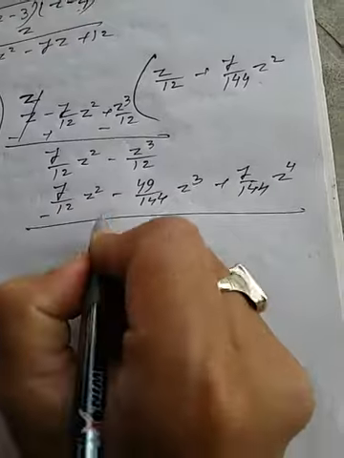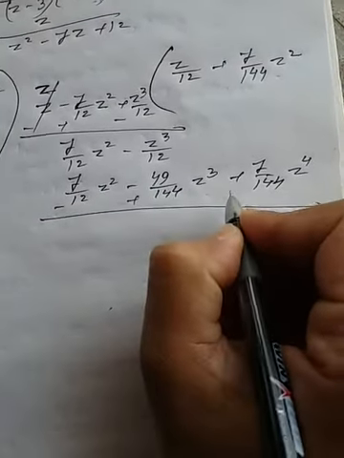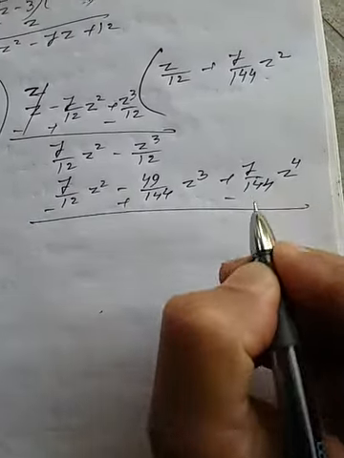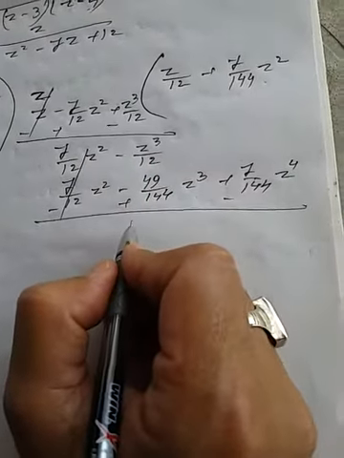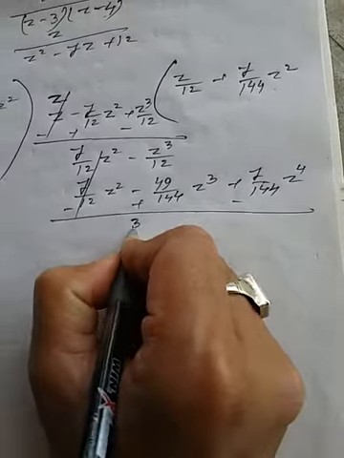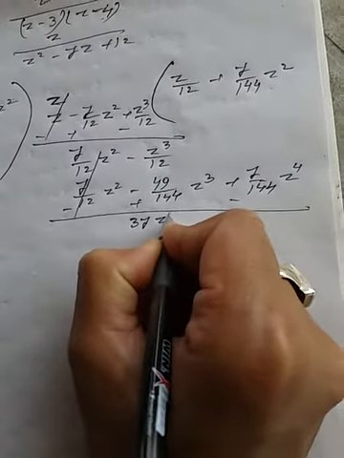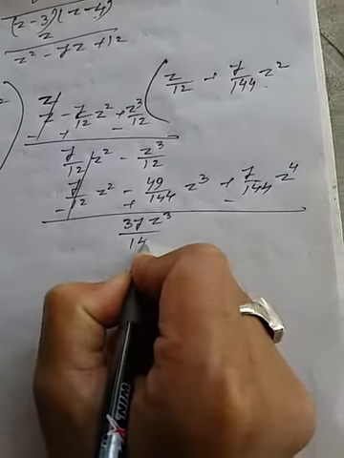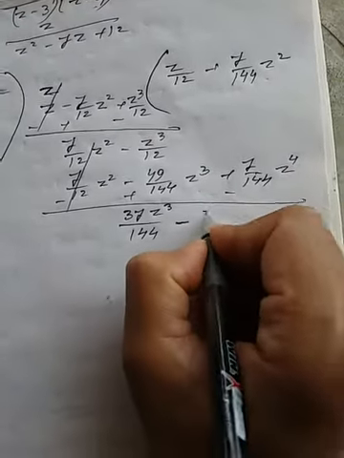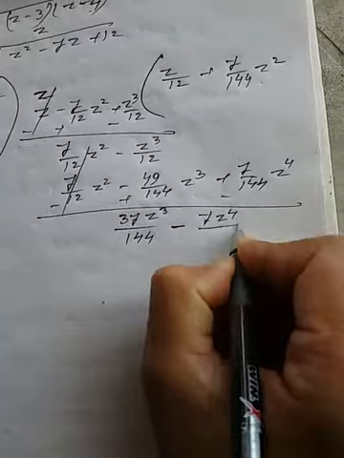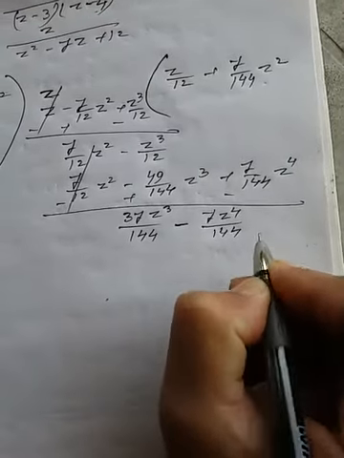So if I subtract this portion from the upper portion, this portion will cancel out, and this portion will be equal to 37 z cube by 144, right? And this will be equal to 7 z to the power 4 by 144.